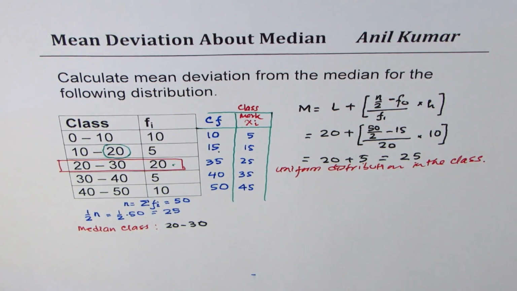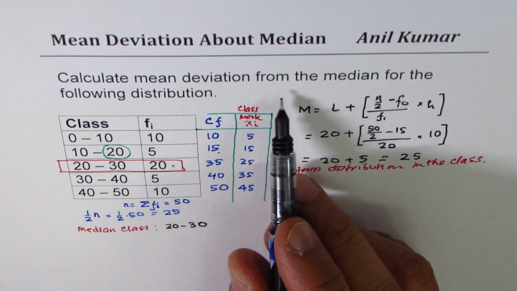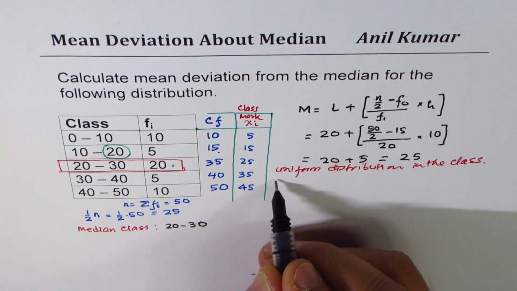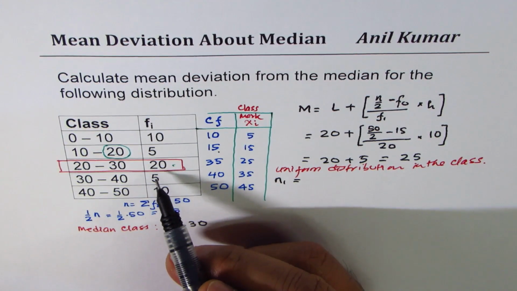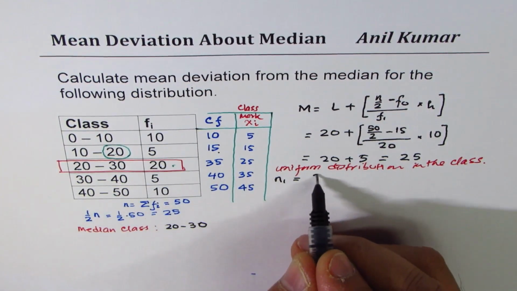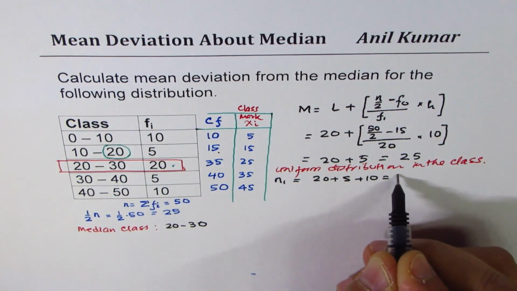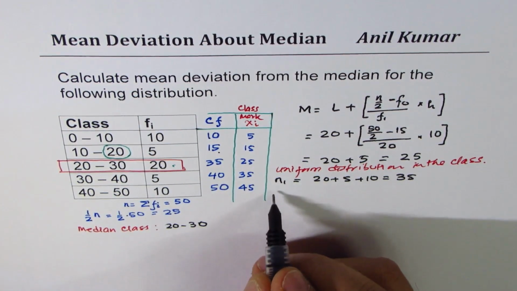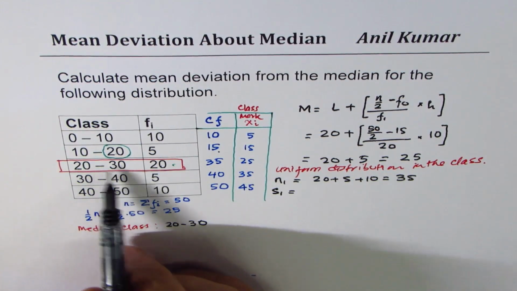Now once we have found the median, then we can use the formula to find the mean deviation from the median. So let's calculate what is n1. So n1 will be these three frequencies, which is 20 plus 5 plus 10, which is 35, and S1 will be, we can multiply them by the middle values, right?